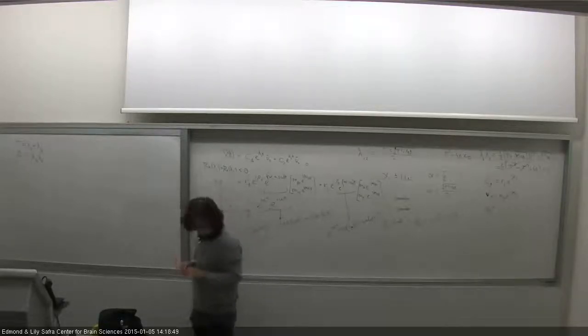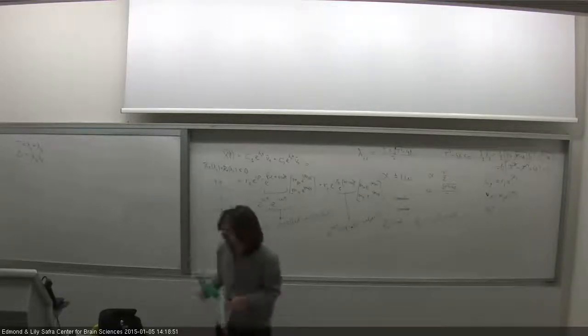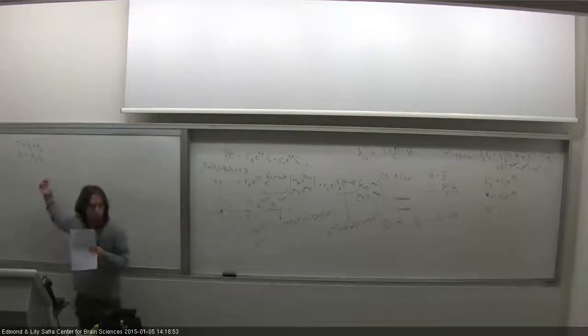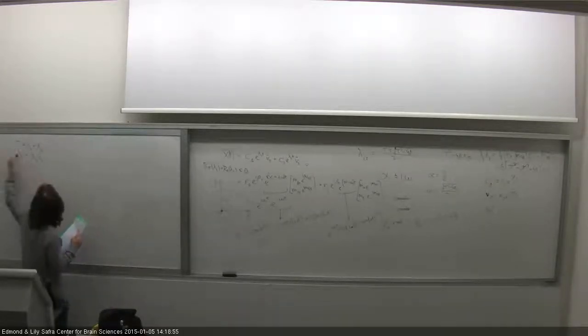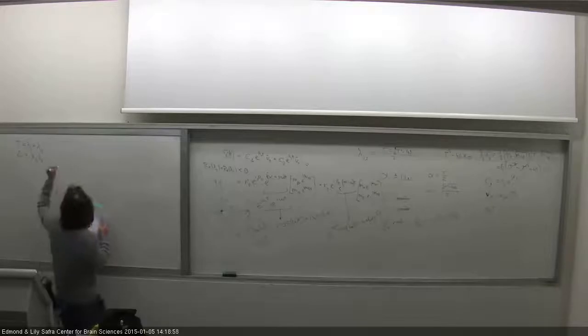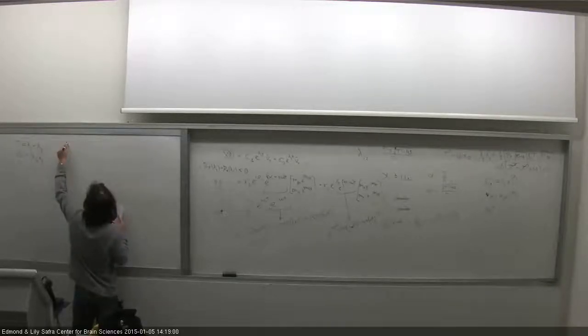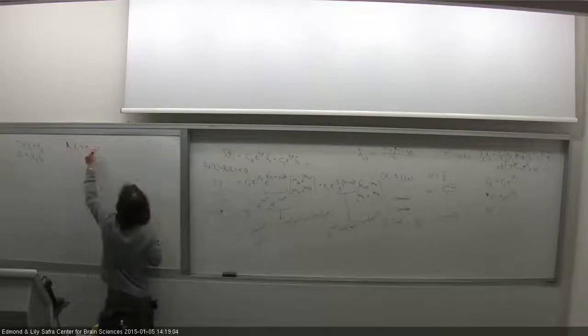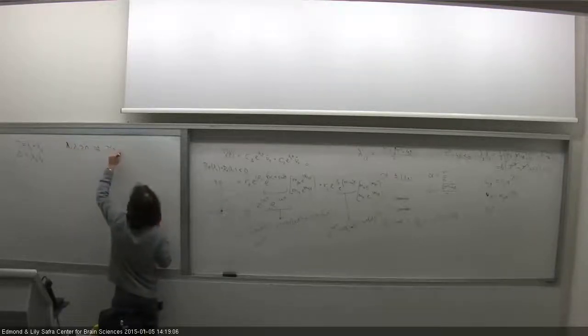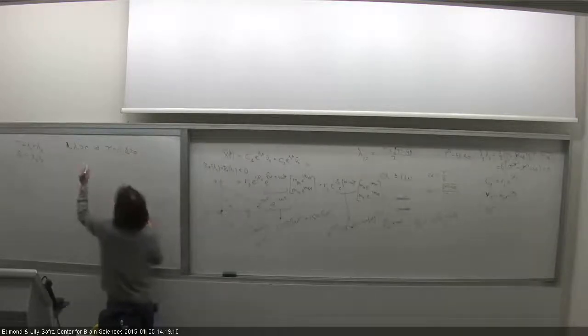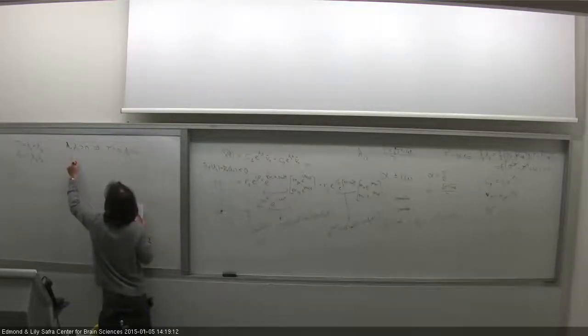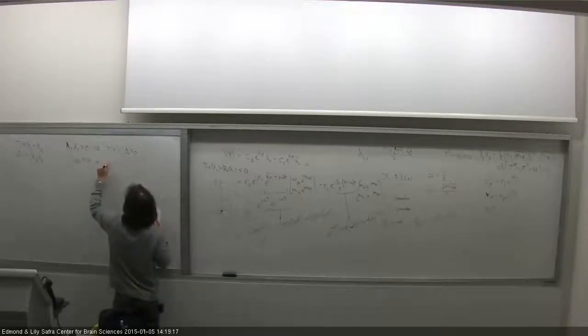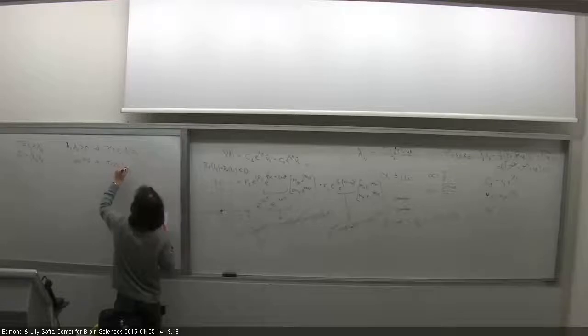Okay, so already we can translate what we found before to conditions on the trace and determinant. So if both lambda 1 and lambda 2 are positive, then you have a positive trace and a positive determinant. If they are both negative, you have a negative trace and a positive determinant.